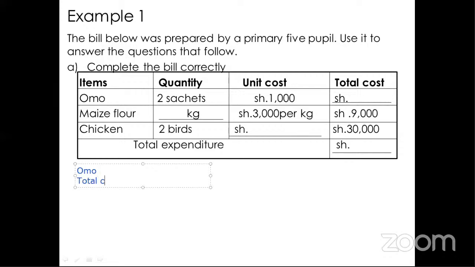So you say total cost is equals to, we are multiplying unit cost times quantity. Let me write quantity in short form. So what is our unit cost? Our unit cost is 1,000.